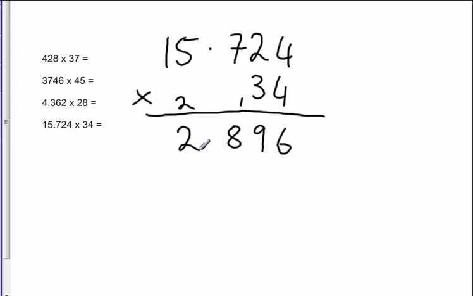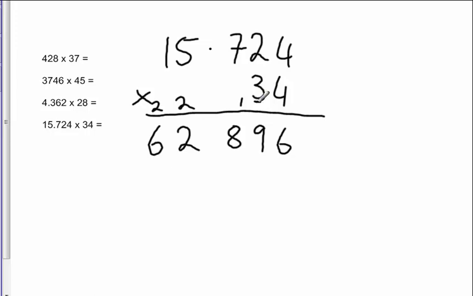So I put in my 2 and carry across my 2, and then 4 by 1 is 4, plus 2 gives me 6. And so when I multiplied 15.724 by 4, I get 62896. And again, you can see I haven't bothered putting in the decimal point just yet.